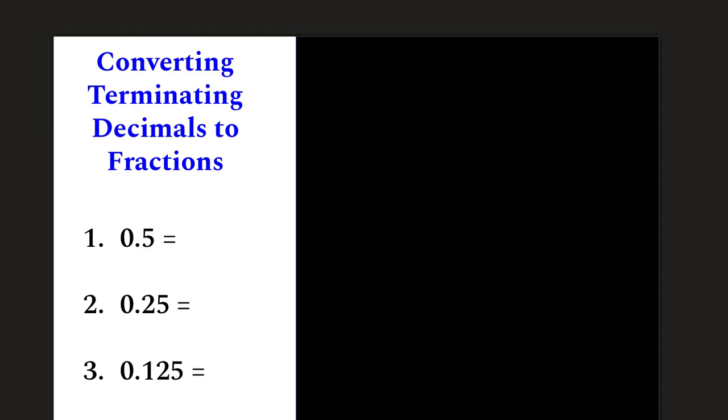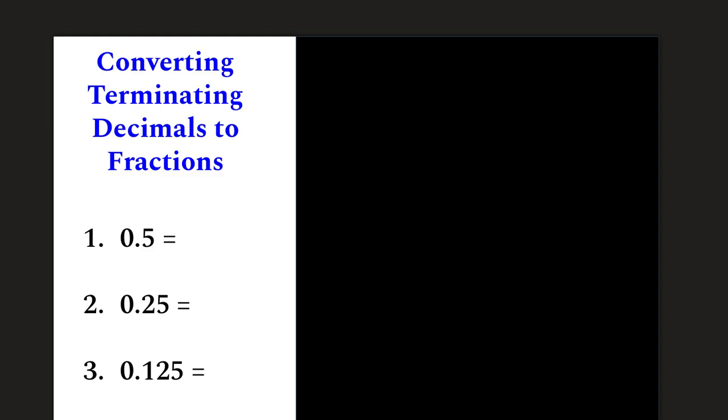Now let's go ahead and convert terminating decimals to fractions, basically doing the opposite of what we've done before. Before, we converted fractions to decimals, and now we're converting decimals to fractions. So here's the thing: when the decimal stops, you can always write it as a fraction with a denominator of 10, 100, or 1000, etc., depending on how many digits are after the decimal.